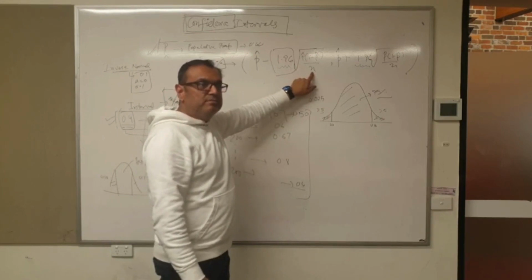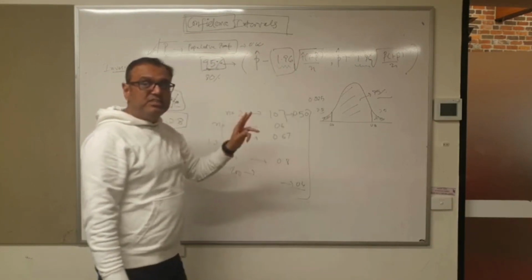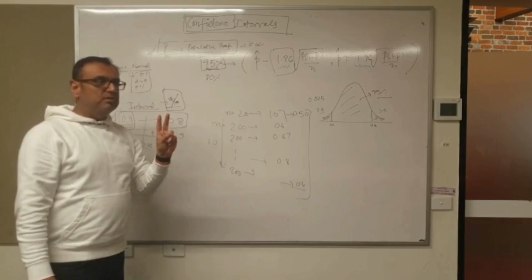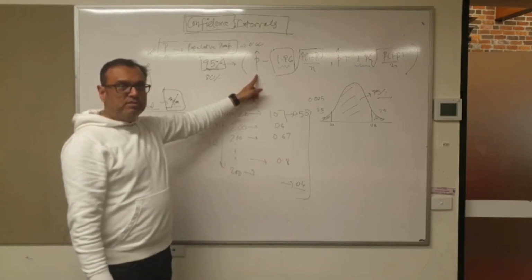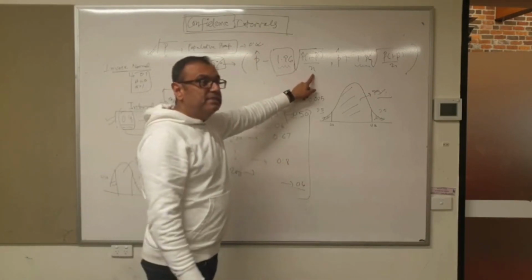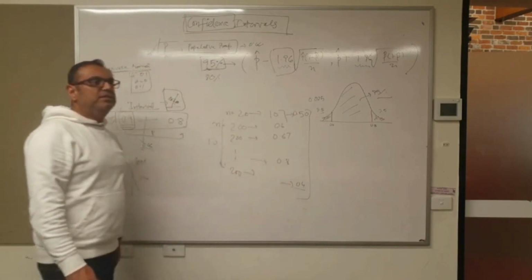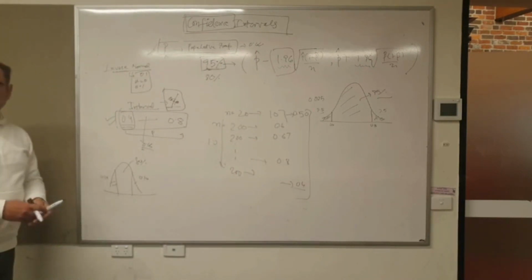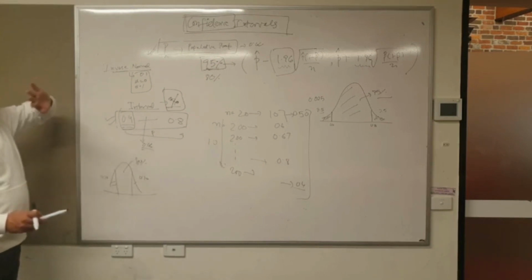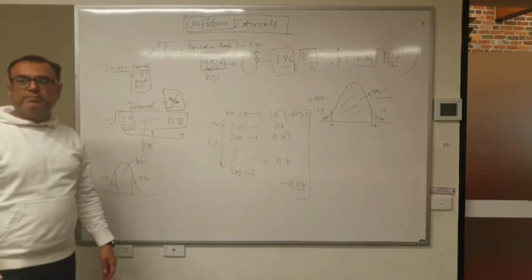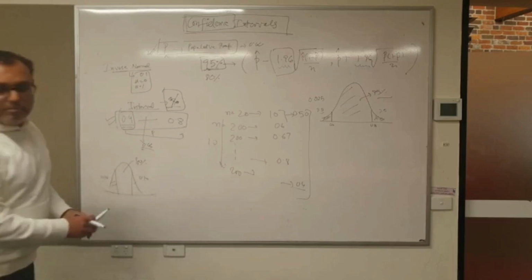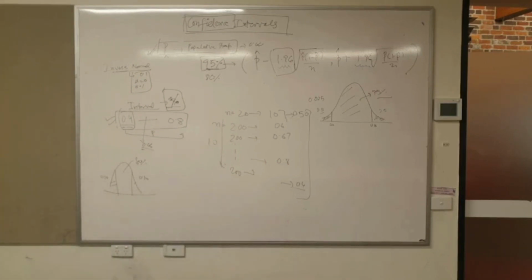That's it. So it just needs two inputs: the sample proportion and the n. And then you can work it out, the interval. Any questions here? That's what confidence interval is all about. Now, all good? I'll just take this off the board.